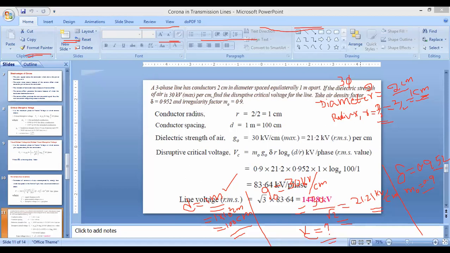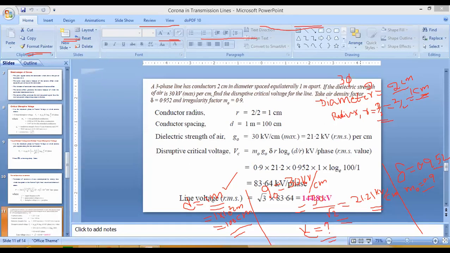Already we know the formula: Vc equal to m0 g0 delta r log base e d by r. This is the critical disruptive voltage, Vc equal to m0 g0 into delta r log d by r. The irregularity factor m0 is 0.9, and g0, the dielectric strength of air, is 21.21, substituting the RMS value.